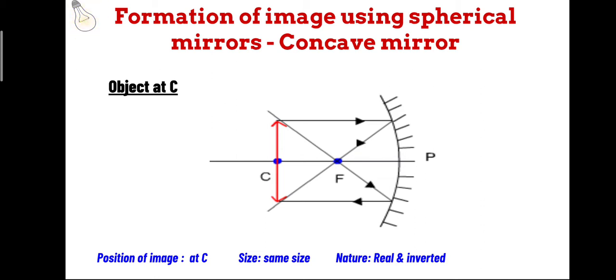As you can see, the image of the object placed at C is formed at C itself. And so we say that the image is of the same size and is real and inverted.